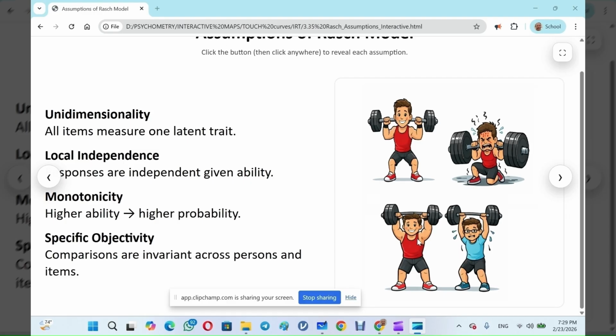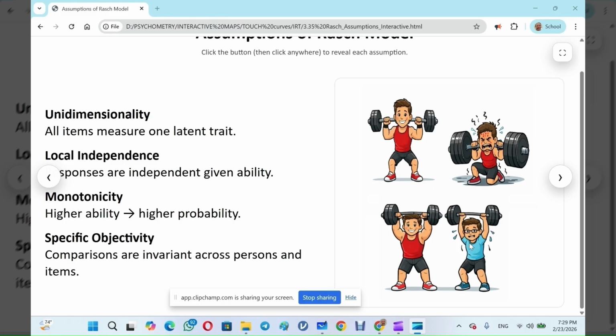The weight of the barbell will not be affected, it's fixed. It has two rings, let's say each ring is 10 kilograms, so it's about 20 kilograms, it's fixed. Whether it is lifted by this person who is muscular and has high ability and manages to lift it, or by the thin one who has less ability, who couldn't manage, or lifted it with great difficulty, still it's the same weight.